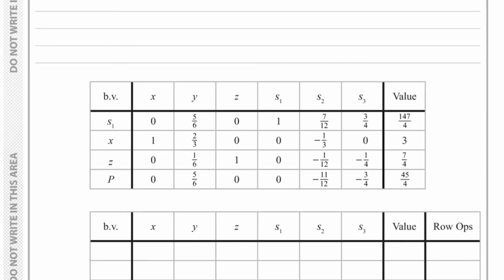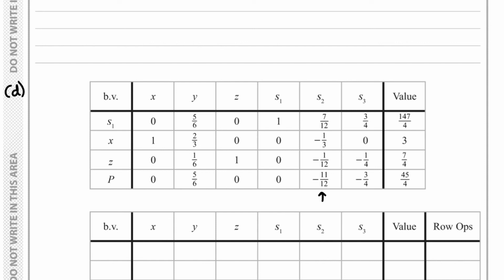So here is where we will do part D. Now first of all, we need to identify where we'll use our pivot. So here is where our pivot will be. This is the pivot column, and our pivot will be the 7 over 12.